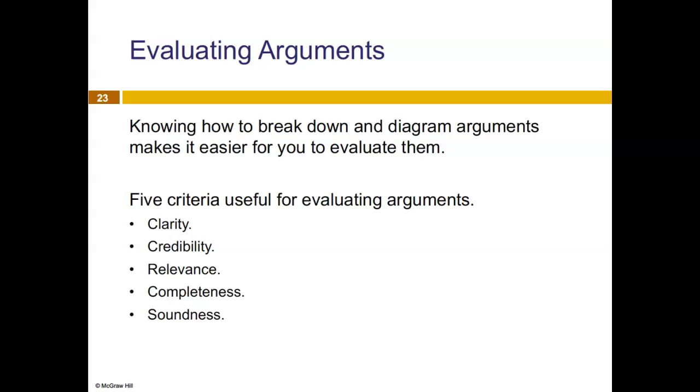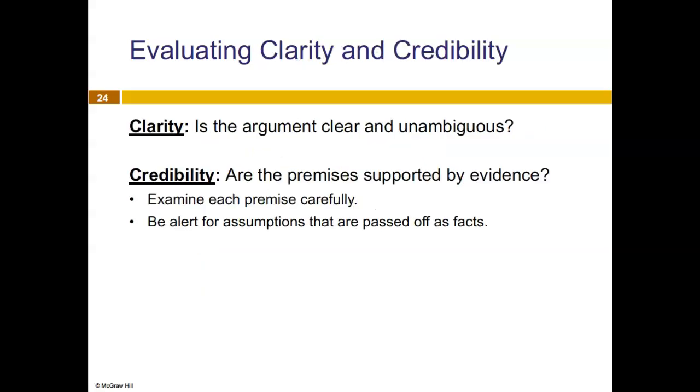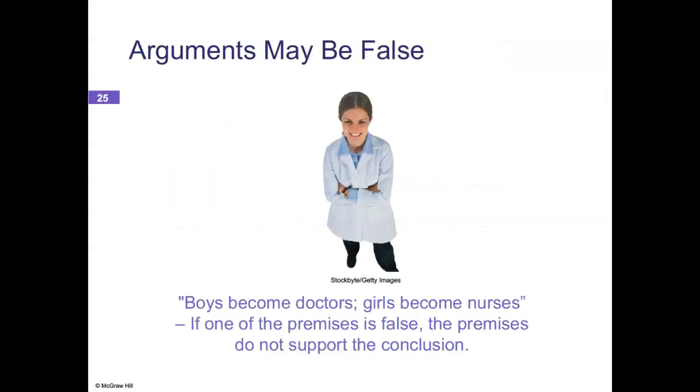If it's missing one of these elements, it's not necessarily a sound argument. So clarity is that the argument is clear and not ambiguous. We know this from all of our papers. About credibility, right? Is it supported by good evidence, or did you get the information from maybe a quick Google search?